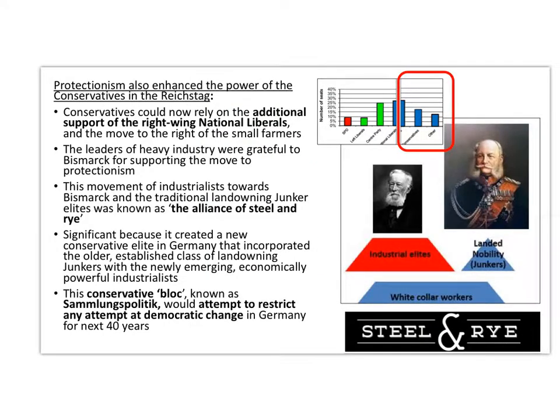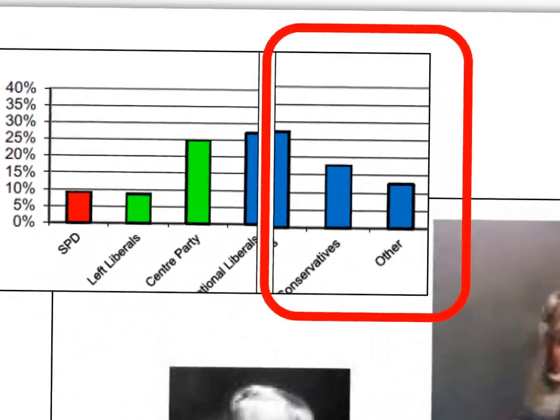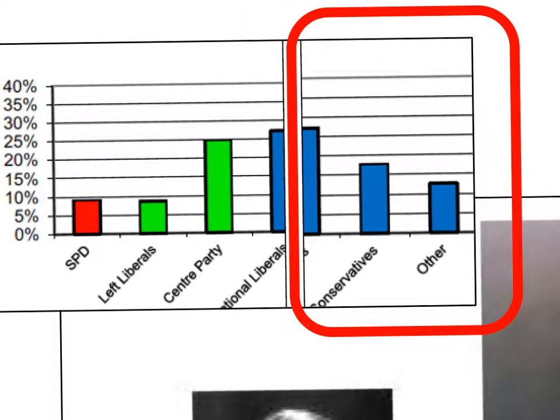So protectionism also enhanced the power of the Conservatives in the Reichstag, because you've now got that bloc. Okay, so just zoom in there. So here, what's left of the National Liberals, the right-wing National Liberals, have now very much allied themselves with the Conservatives, and I've drawn a red box around it.